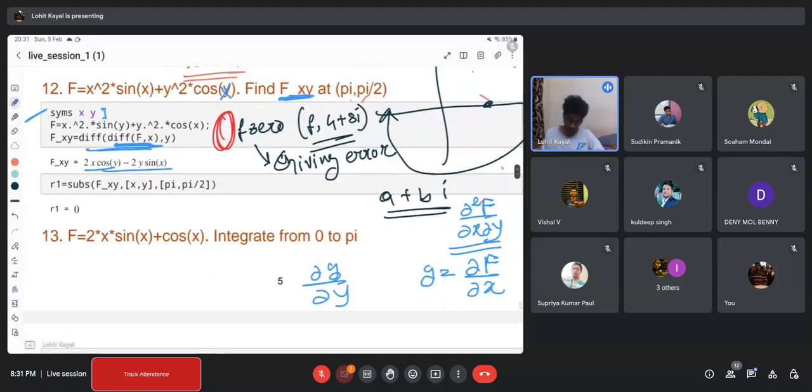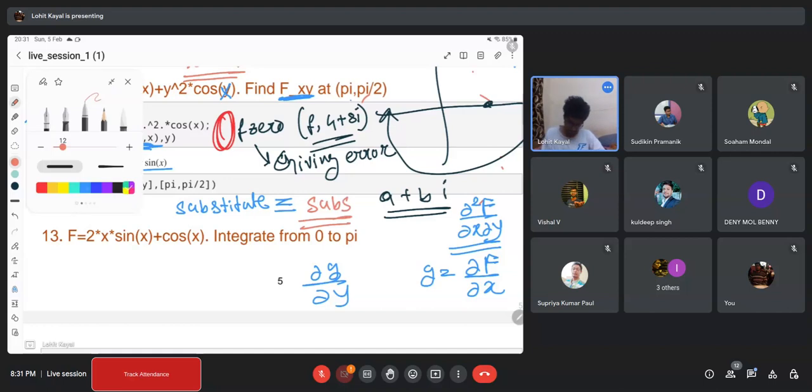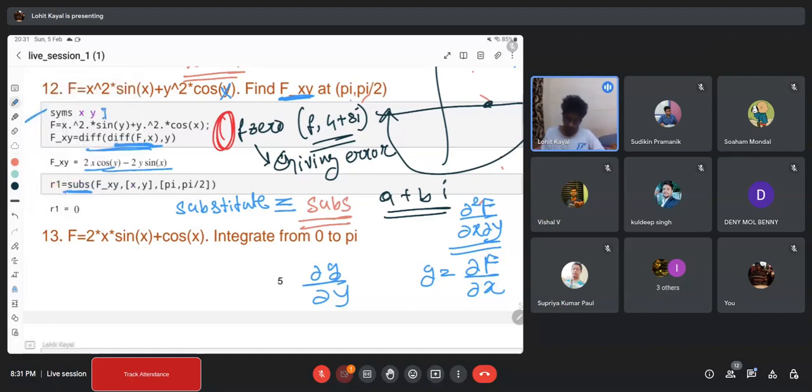Now in the code, this is the command for that. subs means substitute. In Matlab we write it as subs. So fxy, this is the syntax, comma x y, comma pi, pi by 2.